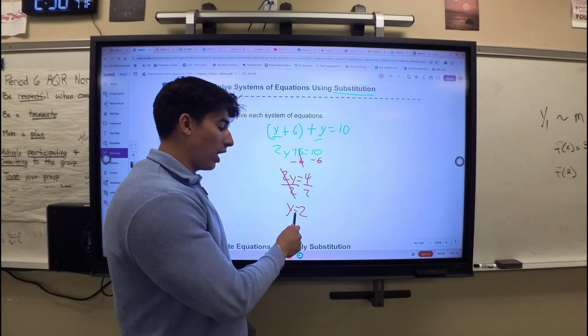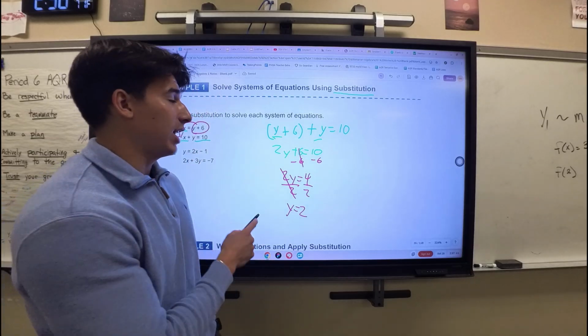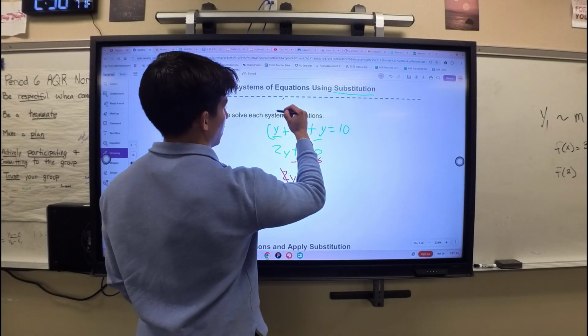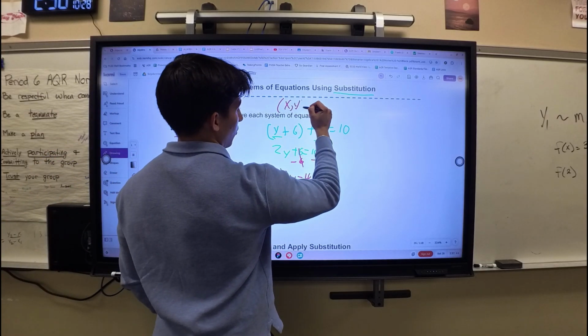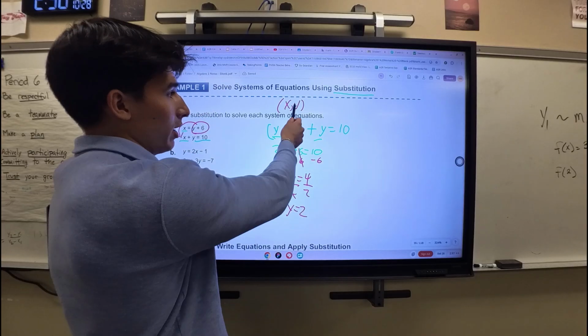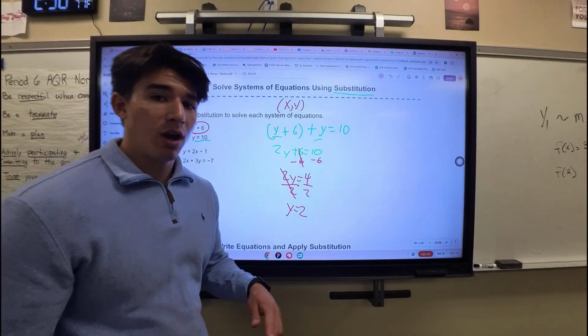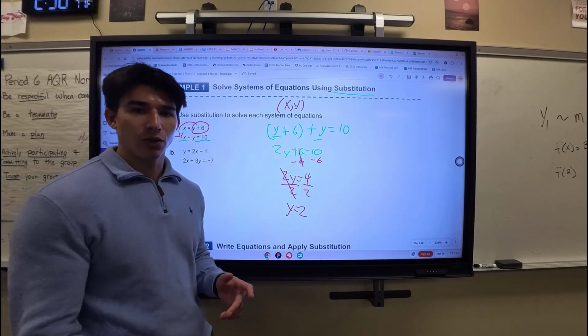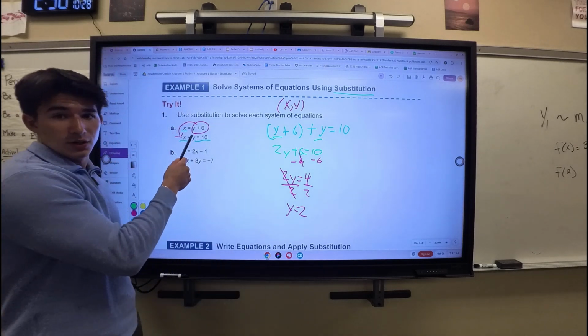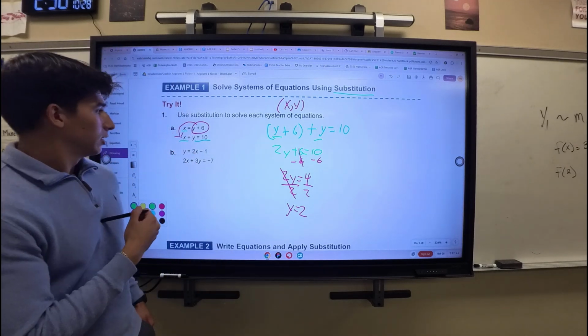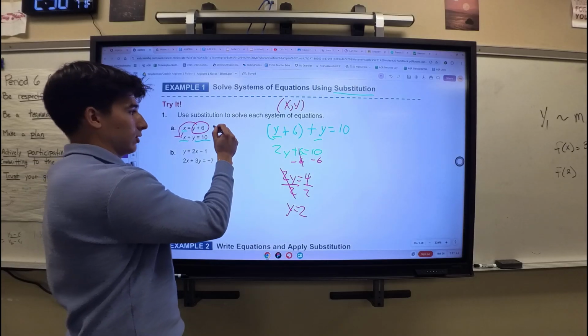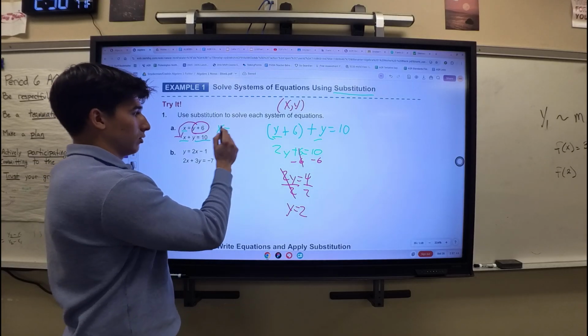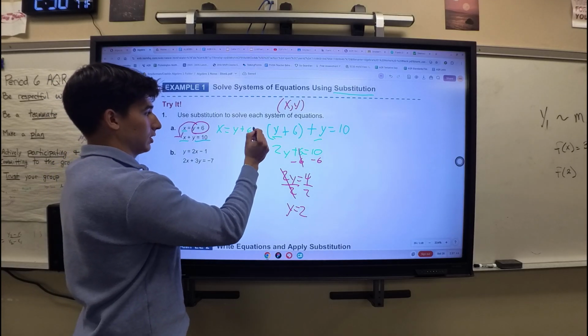But it's important to note we're not done yet. We did find y, but we also need to find x, because our solution is going to be of the form x comma y. Anytime we're finding the second variable, we're always going to use what we circled at the beginning. So I circled y plus 6, so x equals y plus 6.